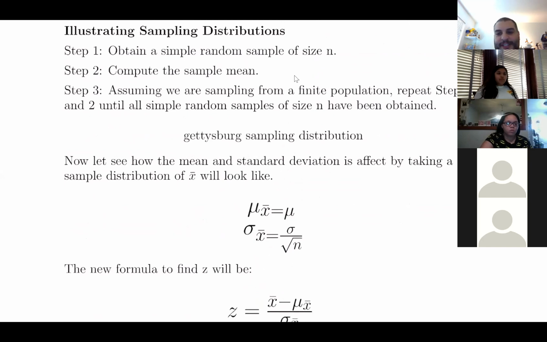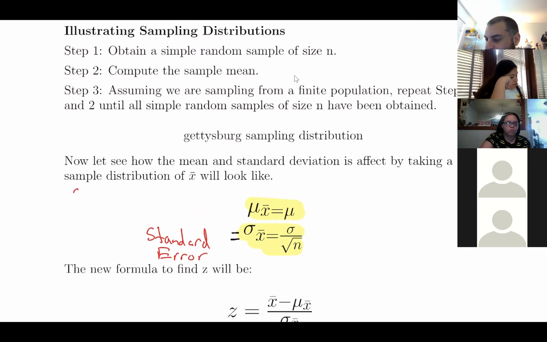So if we're doing a sample size greater than 1, that means we're going to have a new mean and a new standard deviation. And this standard deviation, another term they call it is standard error. So if I say standard deviation of a sampling distribution or standard error, both of them are the same thing.